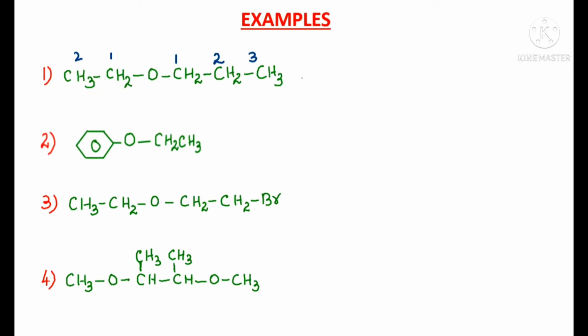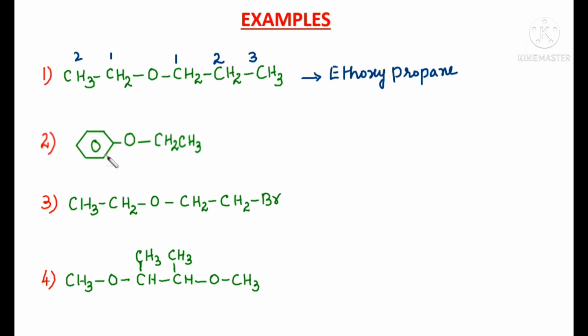So what is this? Ethyl group. Is it not two carbon atoms? So ethyl, ethoxy. What is the larger alkyl group? Propyl group. Is it not? What is the parent alkane? Propane. So ethoxypropane. Understood, students? So this is the name of the compound.